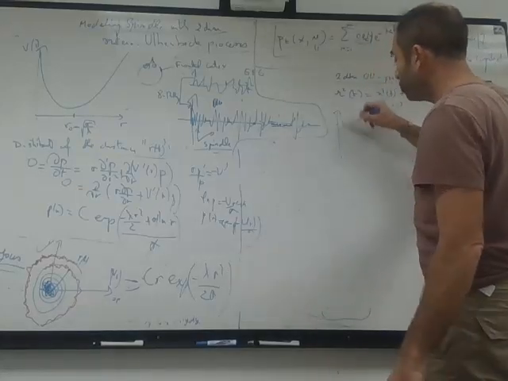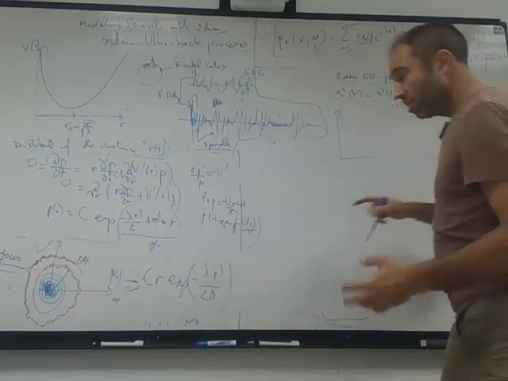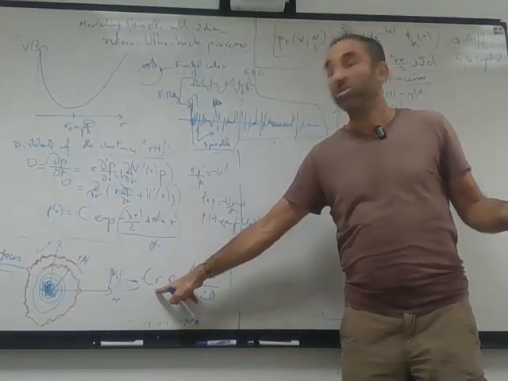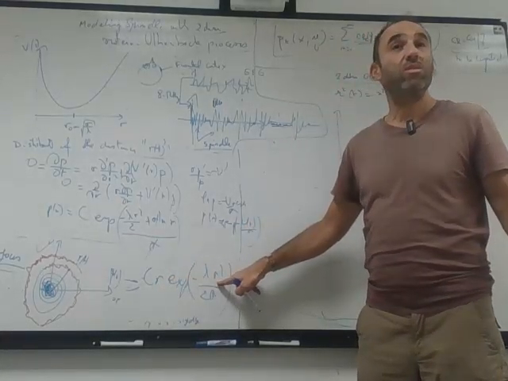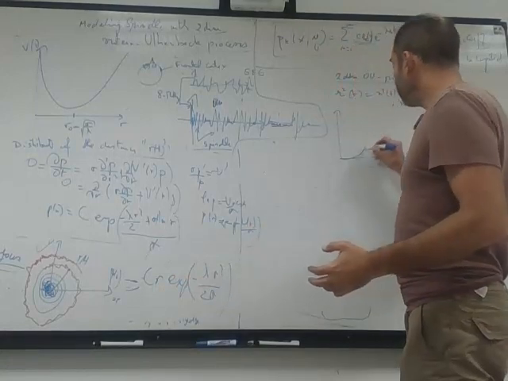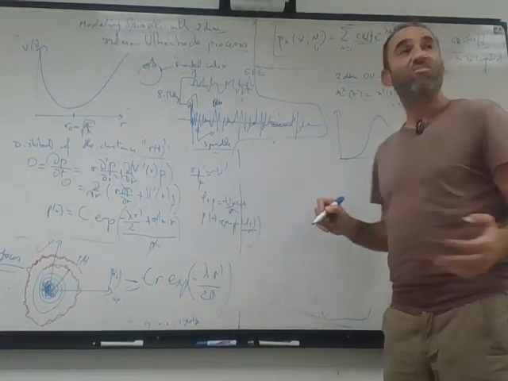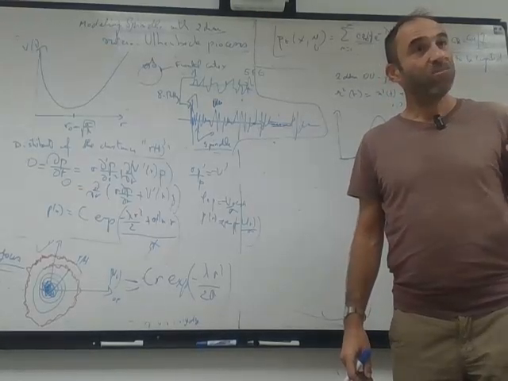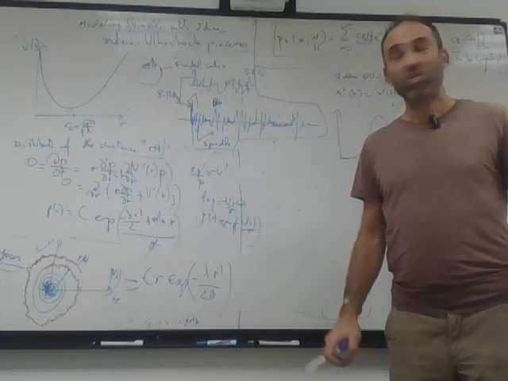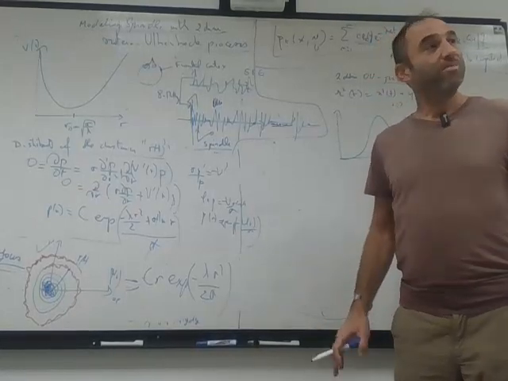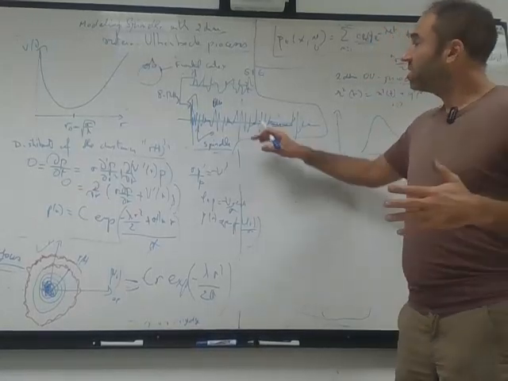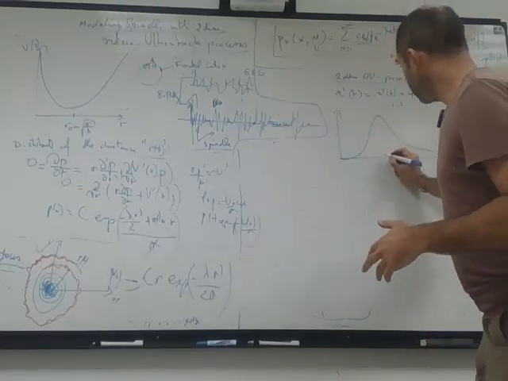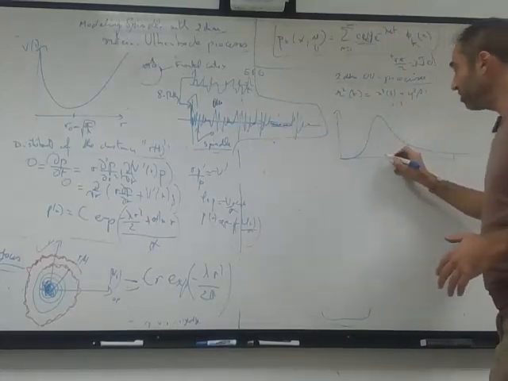Well, the distribution of the r, when r equals 0, this is 0. When r goes to infinity, this is 0. And we have somewhere a maximum. So there is a maximum for the distance of a process which is stochastic, but yet there is a distance here. So where is this maximum?